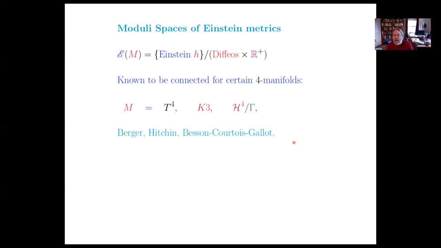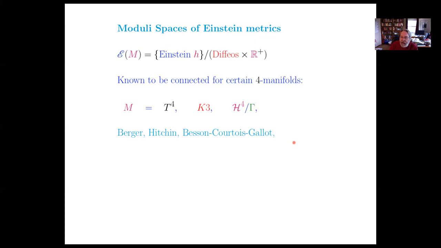Another class of manifolds would be the compact real hyperbolic 4 manifolds. Those are compact quotients of real hyperbolic 4-space by discrete subgroups of the isometry group. And Besson, Courtois, and Gallot showed that any such metric in dimension 4 had to be the standard metric up to rescaling.